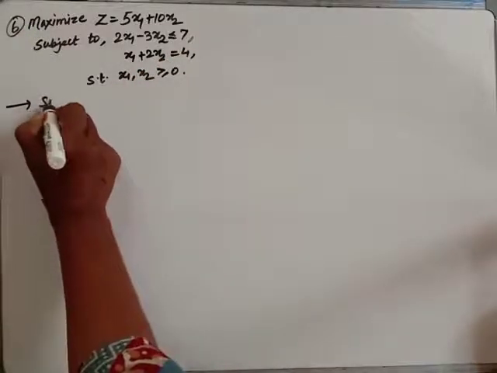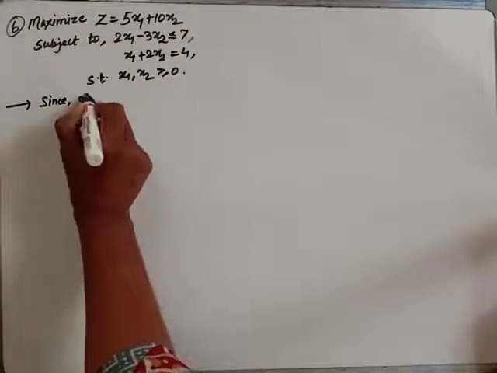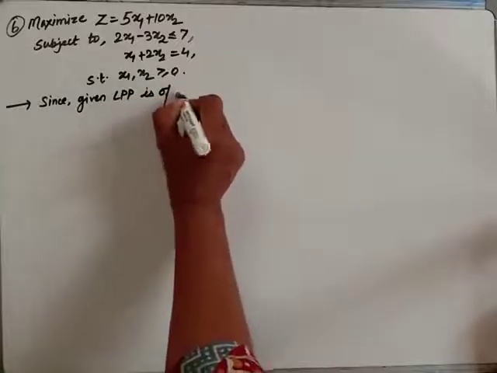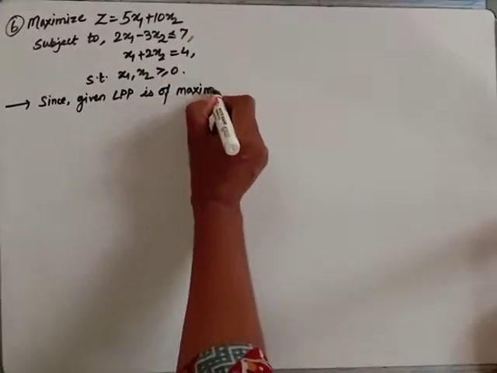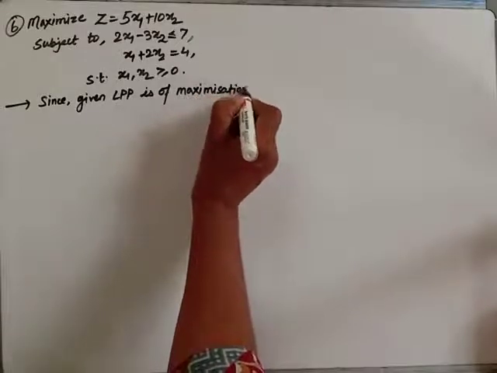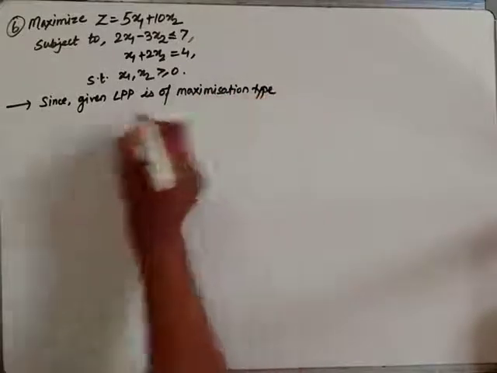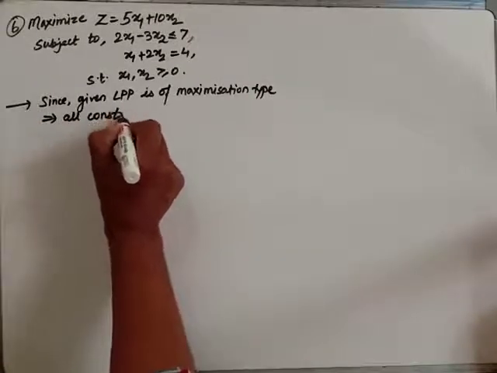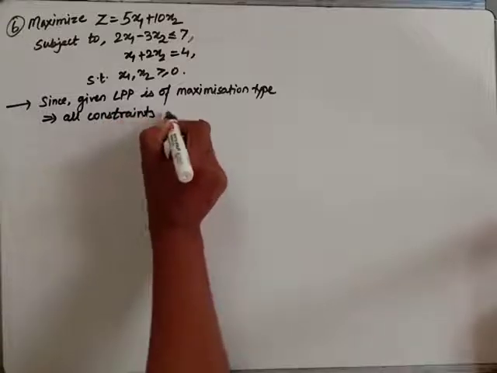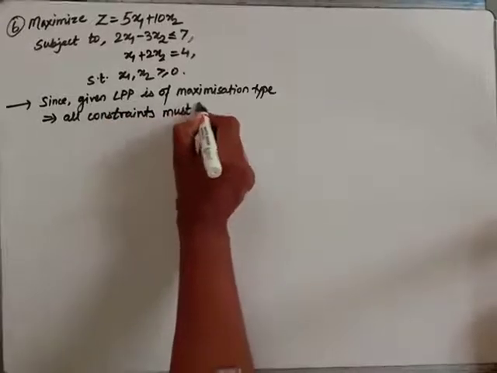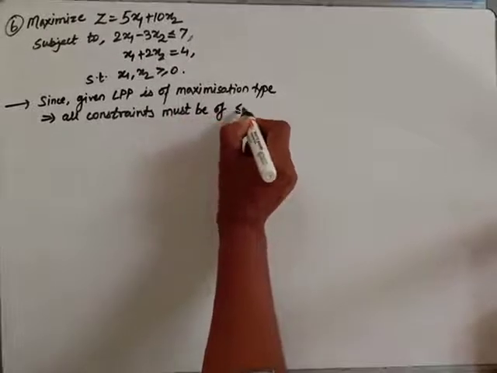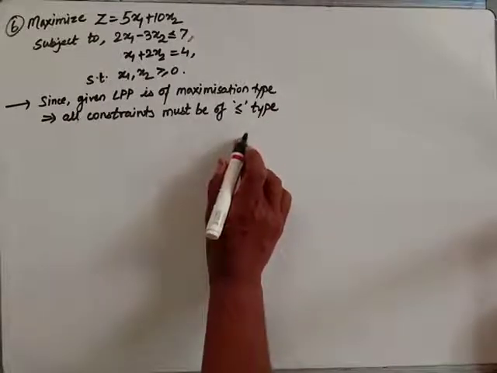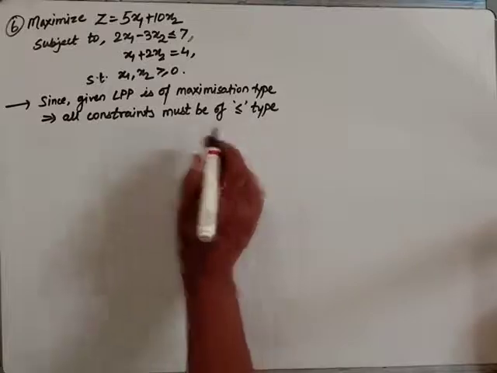So since the given LPP is of maximization type, all constraints must be of less equal type. If minimization, they are of greater equal type. If maximization, they are of less equal type.